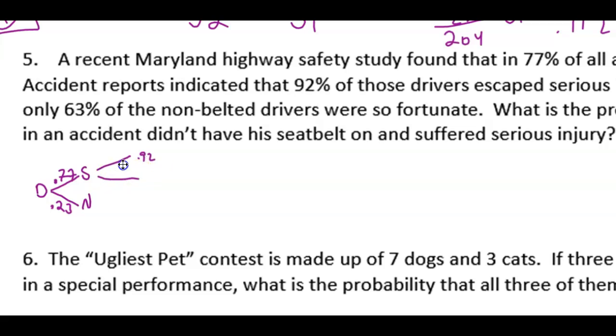Remember, each branch must equal 100%, or 1. 0.92 plus 0.08 equals 1. And this is serious injury and non-serious.